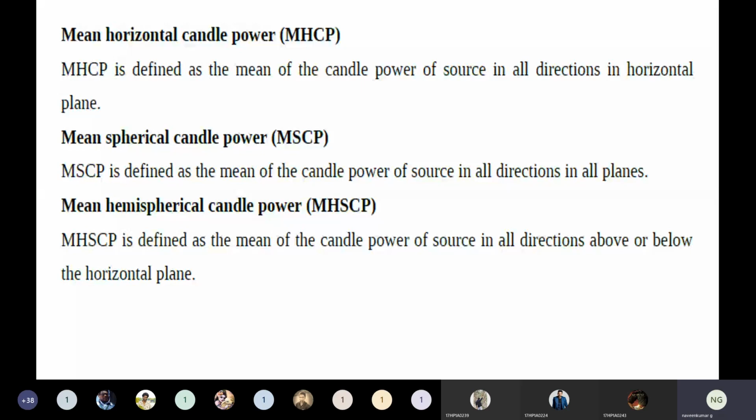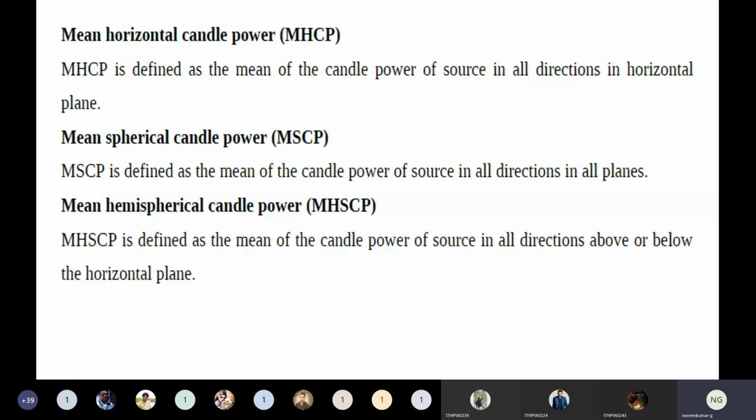So for mean horizontal candle power, and in the coming definitions, you are supposed to imagine it this way: above a certain hemisphere and below a certain hemisphere, or covering a whole hemisphere. So mean horizontal candle power is defined as the mean of the candle power of the source in all directions in the horizontal plane. Mean spherical candle power is the mean of the candle power of the source in all directions in all planes, that is all planes above.